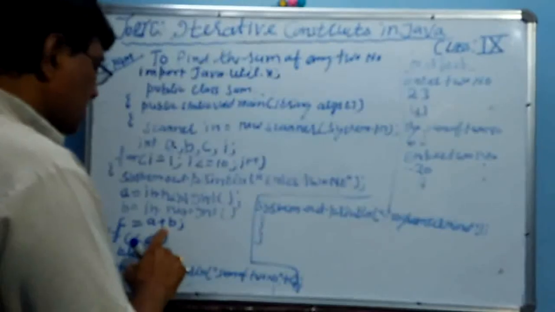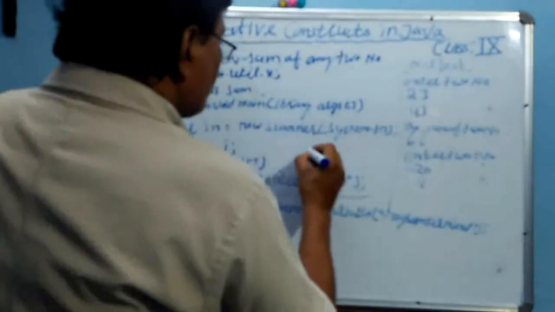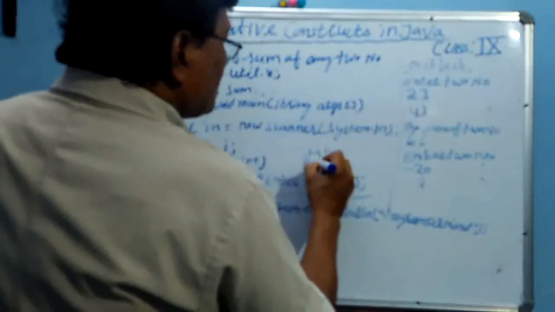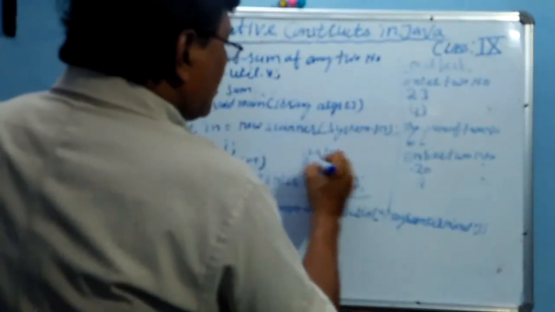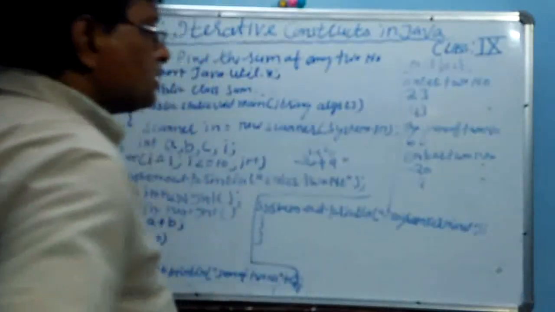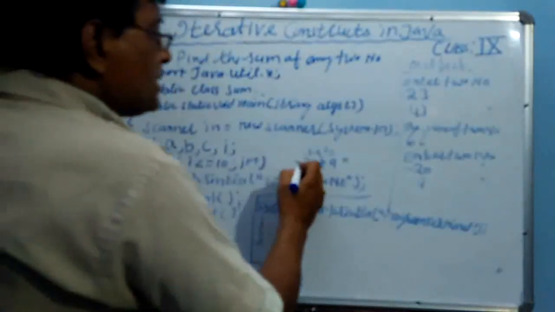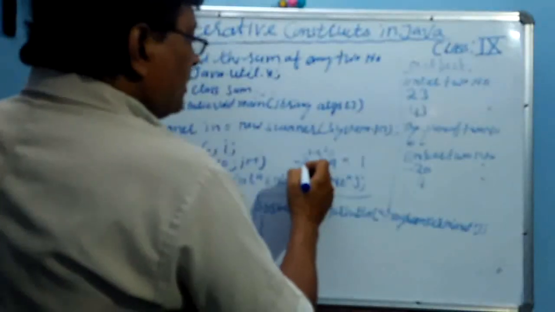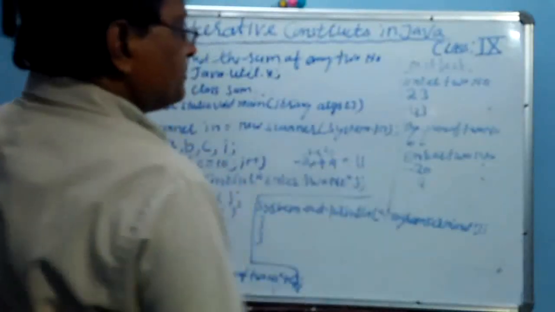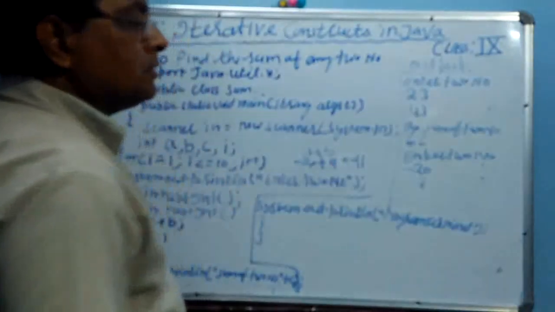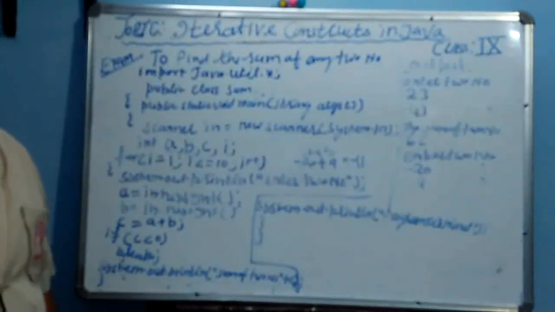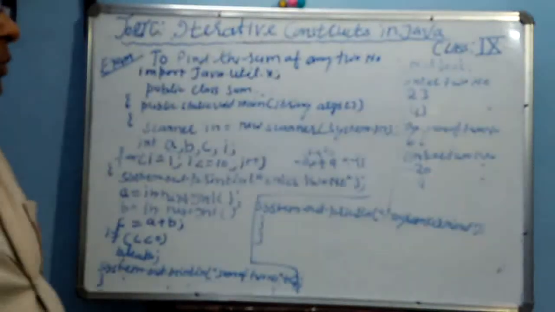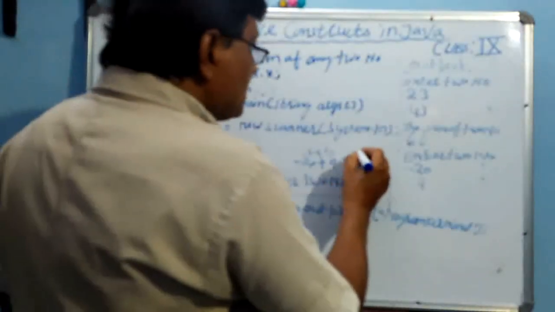Then it will calculate like this: a plus b, minus 20 plus 9, so it will be subtracted, and the result is minus 11.